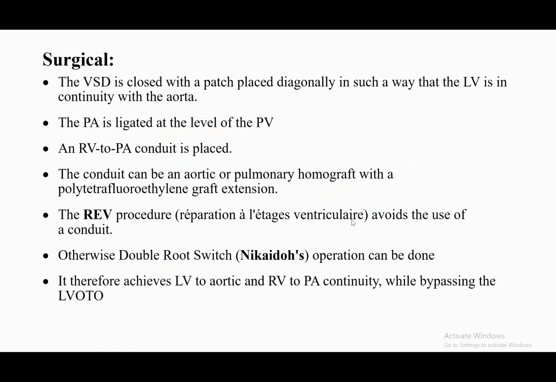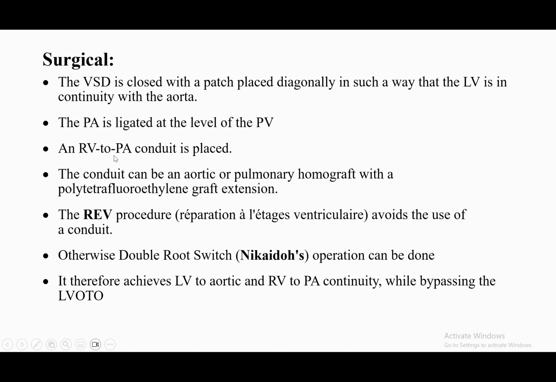This conduit can be synthetic or can be a tissue, like a homograft or freestyle. The VSD is closed with a patch placed diagonally in such a way that the left ventricle is in continuity with the aorta. The pulmonary artery is ligated at the level of the pulmonary valve.